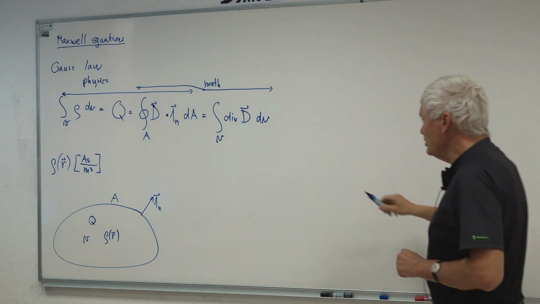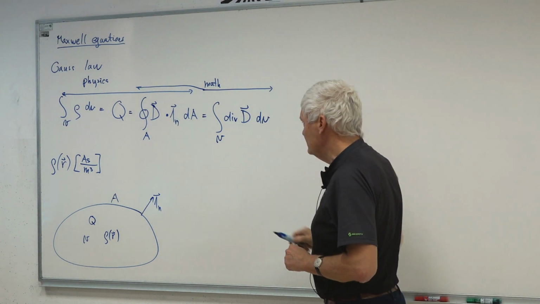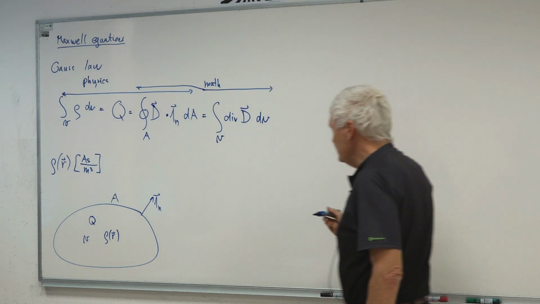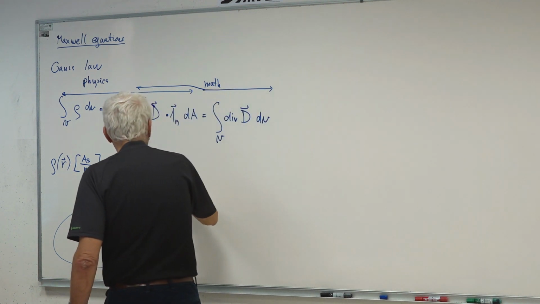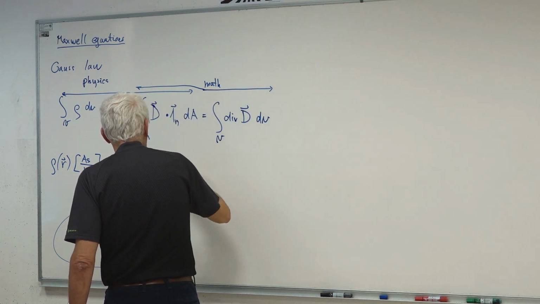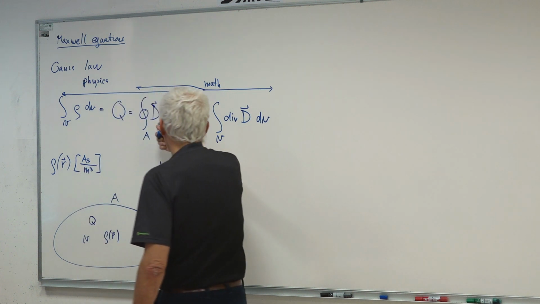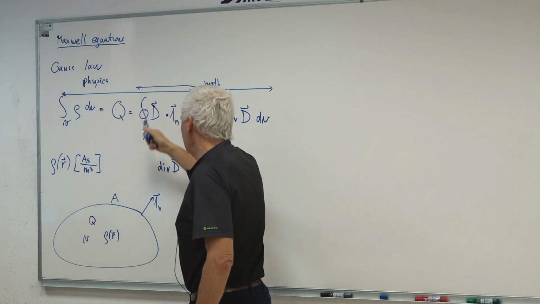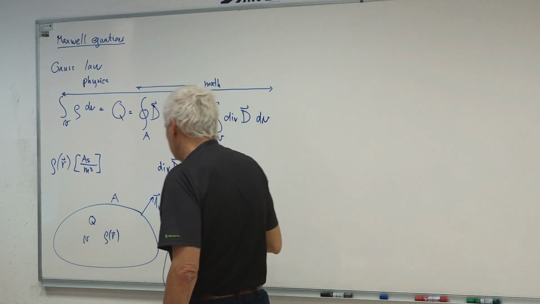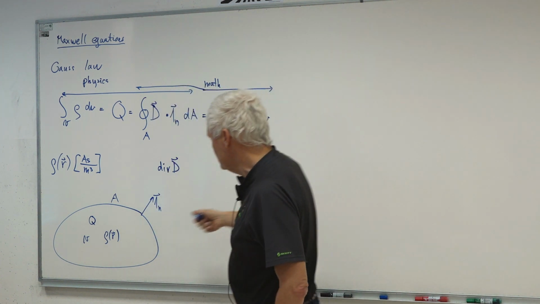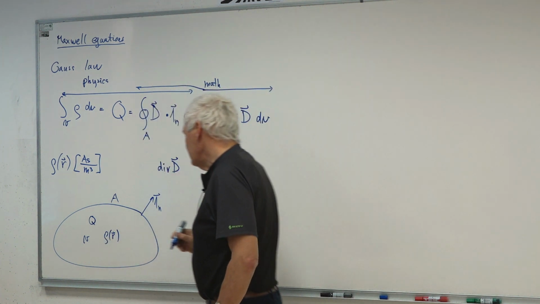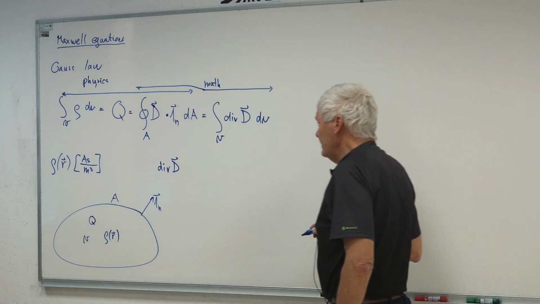And this function, we should be able to compute this function. What is this function really? This function, divergence of D, is really the density of the sources of this field, because the electric displacement field D has sources that are the charges.